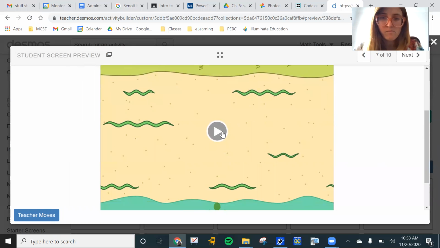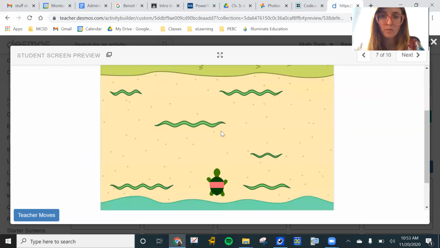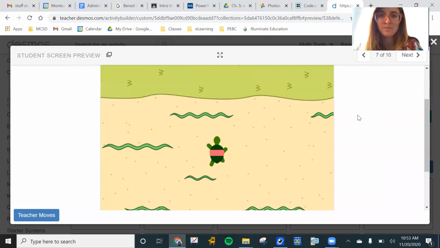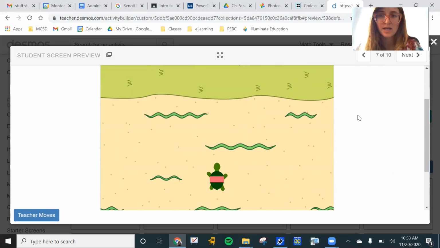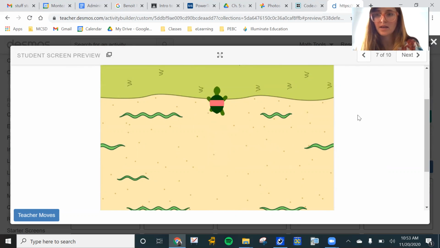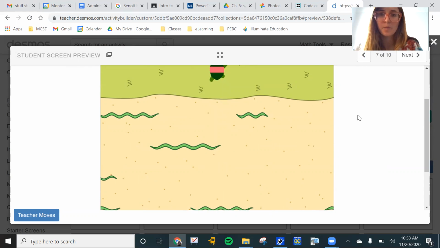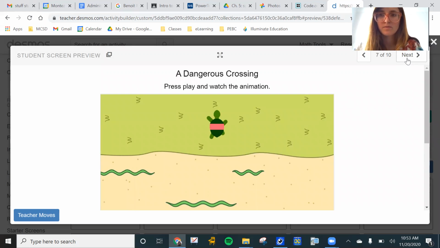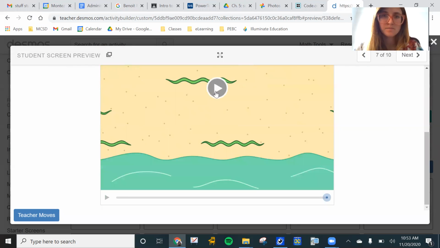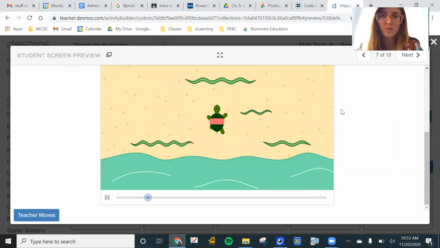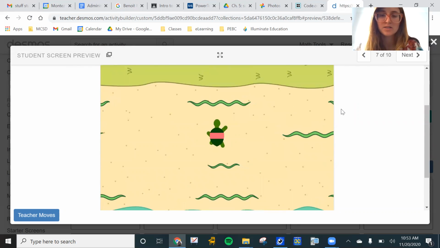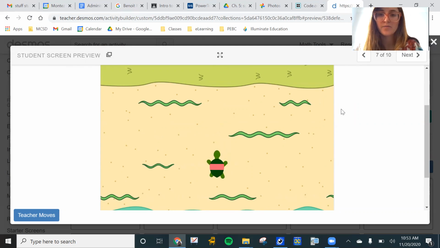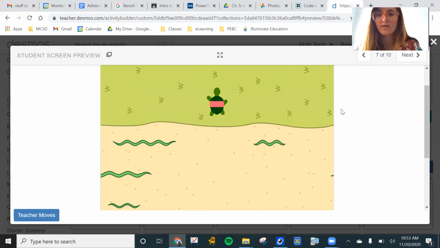All right, so we're watching this turtle try and make it past these snakes without getting hit. Classic Frogger scenario. Now, let's watch it again. So he walks away, stops, then moves back toward the water, and then walks away.